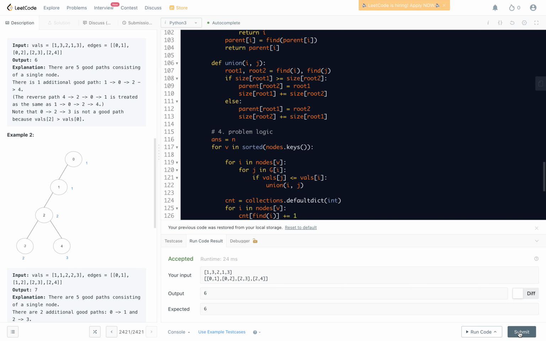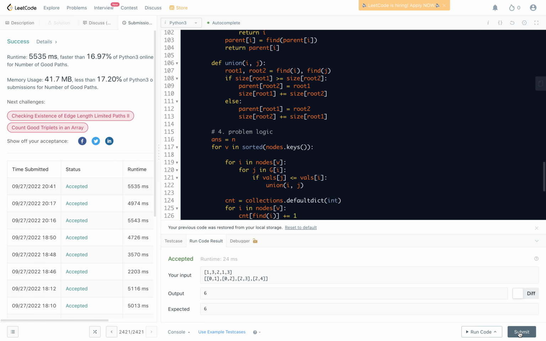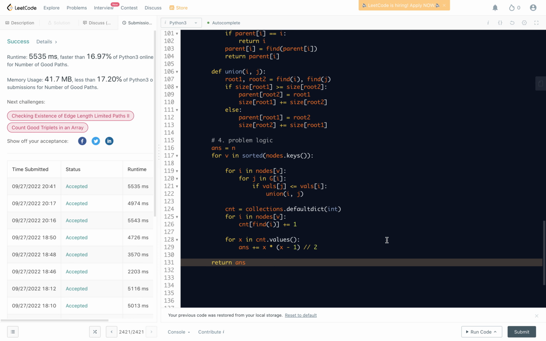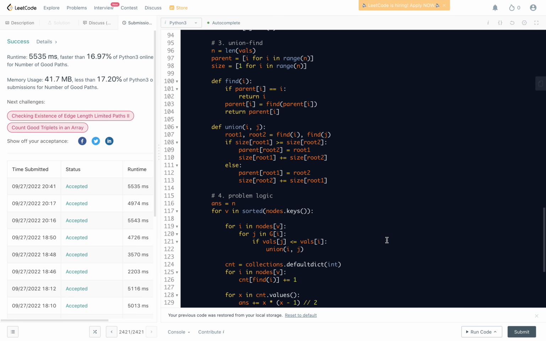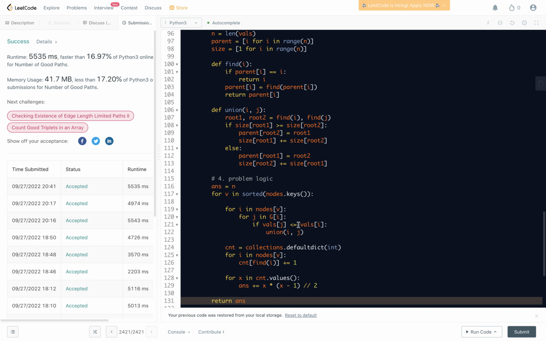So with that done, let's first do a special case check. Yeah, it passes one special example. Now let's look at another test. Yeah, it passes all the test cases. So here actually there are different counting procedures.